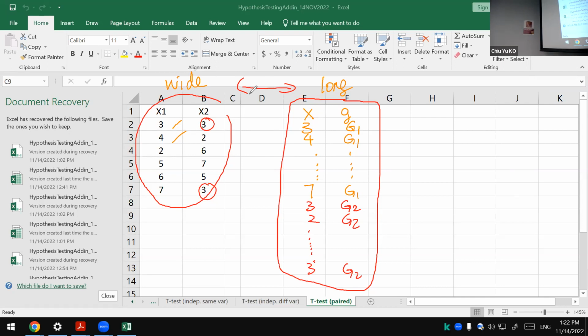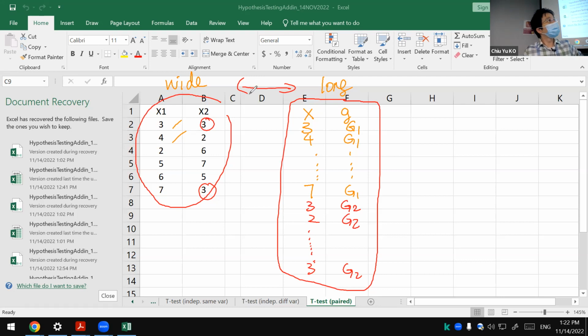But we are not a data science class, so basically you don't need to worry about this. But you should be able to transform this to this one. Is that okay? Of course, in Excel, the easiest thing to do is to use the filter function and copy and paste.